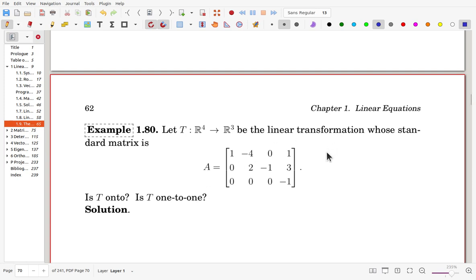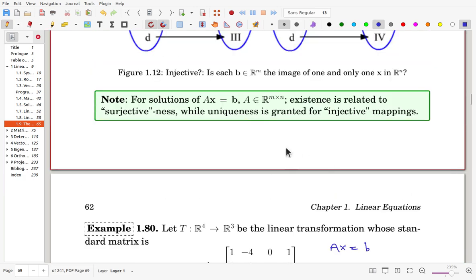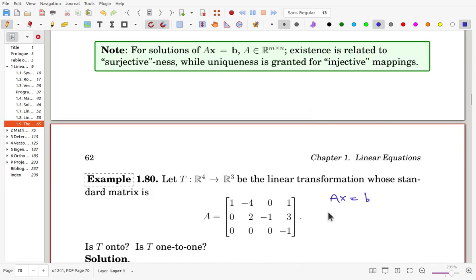For Ax equals b, b is chosen from Rm, and if for every choice of b there is a solution, then that is onto, the surjectiveness. And if the solution is unique, then that is one-to-one. We'll see this along with this example.